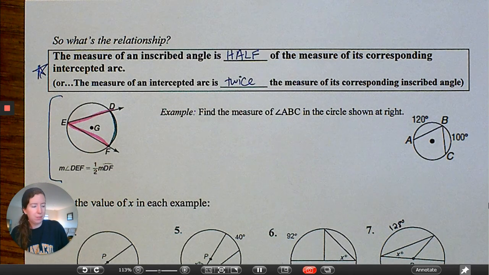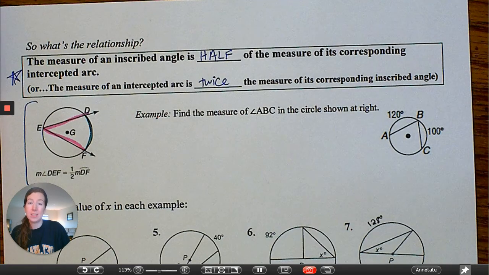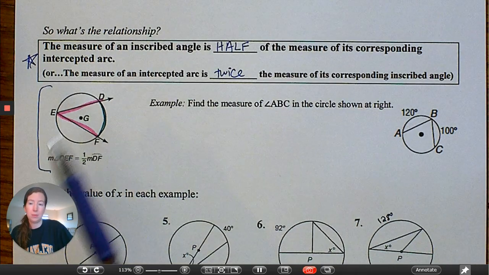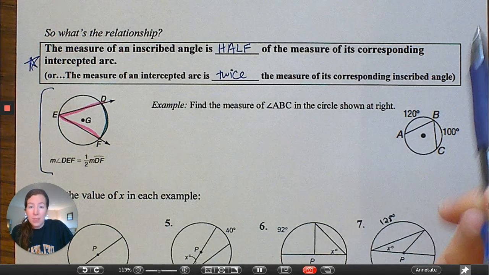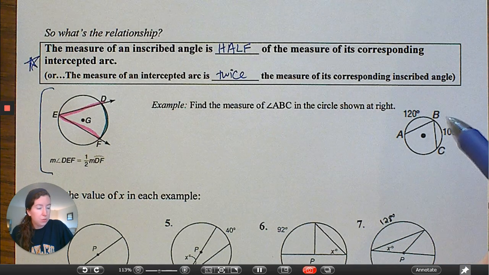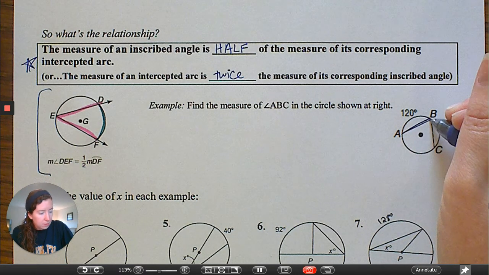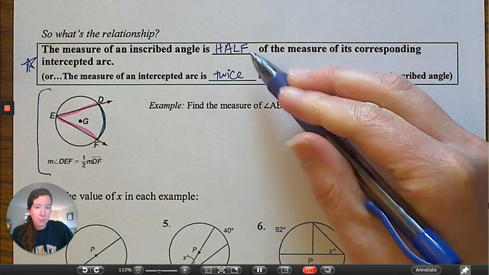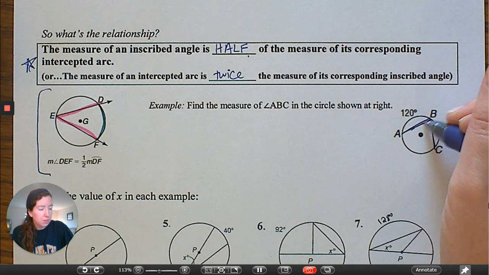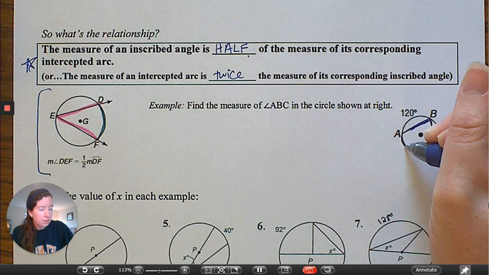So let's do an example together. You can also put this example in your toolkit if you want, but I would definitely put this one. Find the measure of angle ABC in the circle shown at right. Okay, ABC is an inscribed angle. So here's my inscribed angle. And I know my angle is going to be half the measure of its corresponding intercepted arc.